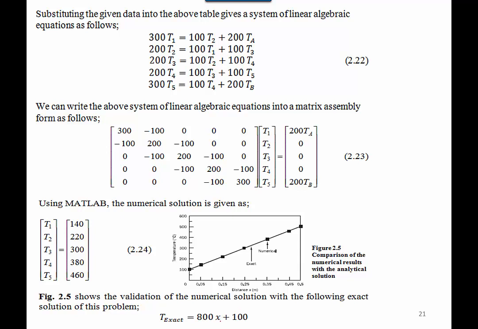So if we substitute any value of x within this domain, it will give us the exact solution of the temperature, and if we connect these values, we will have the line as shown here. So the connected line represents the analytical solution, and the black squares show the numerical solution, and we see the agreement between both solutions.